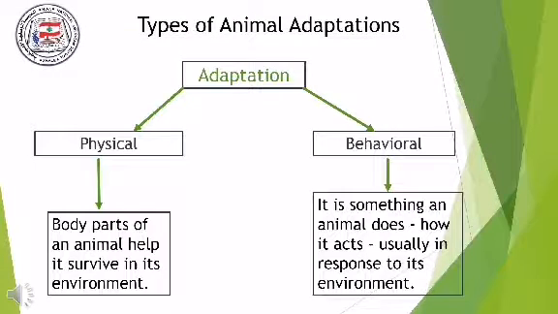Animal adaptations have two types: the physical adaptation and the behavioral adaptation. The physical adaptation is when the body parts of an animal help it survive in its environment. And the behavioral adaptation is something an animal does, how it acts, usually in response to its environment.